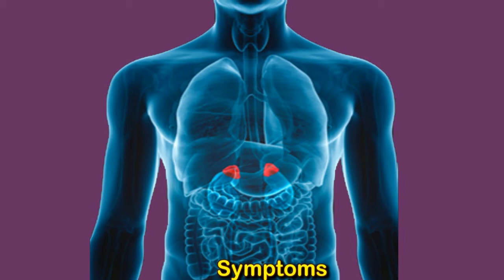Other symptoms can include joint pain, low blood pressure, dizziness, nausea, vomiting, irritability, depression, low blood sugar, irregular menstruation, loss of sex drive, darkening of the skin such as the elbows and knees.